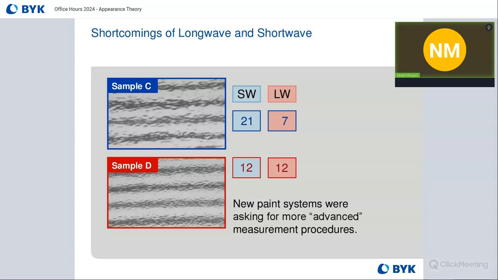It looks rough, but the short wave and long wave for this sample are exactly the same. In these examples, we can see that there's a need to further define structure sizes and get a better understanding of what's actually happening on the surface, because just two scales isn't enough data to understand the full story of why it appears the way it does to us.